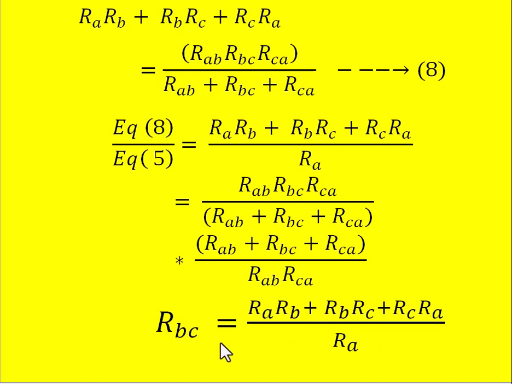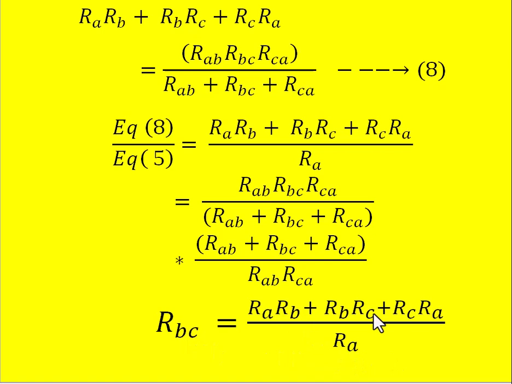So it can be observed that to get the equivalent delta from the known star values, in the denominator put R suffix whatever letter is missing in ABC here, that missing letter put here as suffix, that is RA here. Here it is ABC, means BC is there but A is missing, so put here RA.